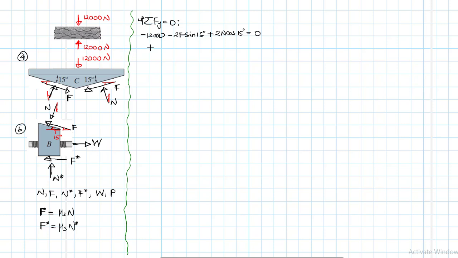Then we go to free body diagram B: minus N, just single, cos 15 degrees, then plus F sine 15 degrees, plus N star, equal to 0. So we are done with summation of forces in y for both free body diagrams.